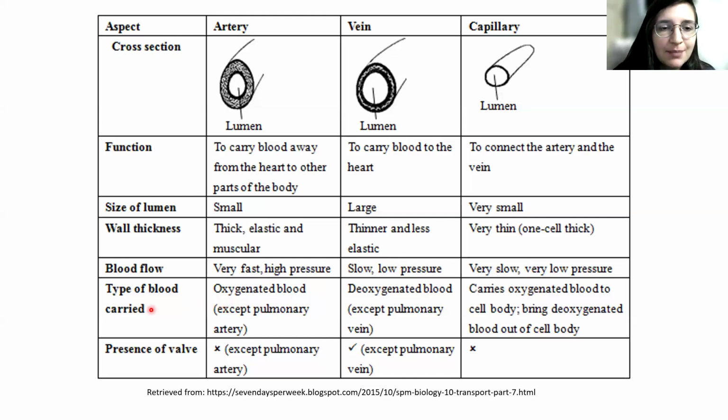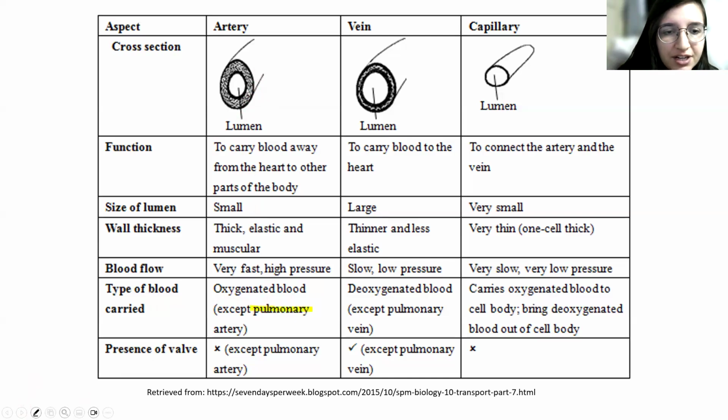Okay, and then the type of blood it carries. For arteries, remember they carry blood away from the heart. Since it's carrying blood away from the heart, it has to be oxygenated blood, right? Because in order to carry it to the rest of the body, it means you have collected that oxygen. But there is one exception, and that exception is the pulmonary artery.